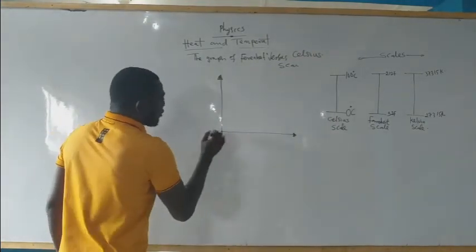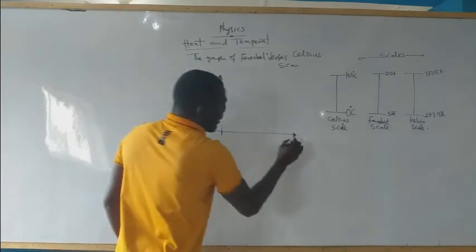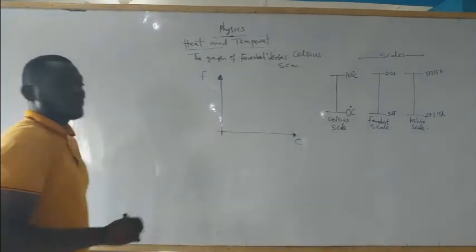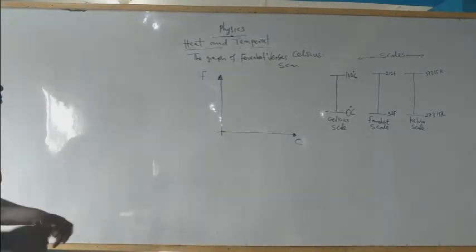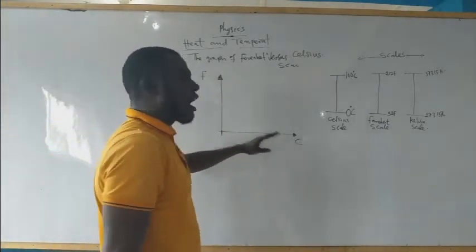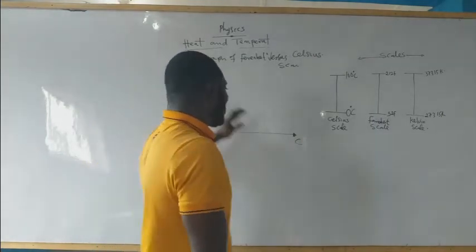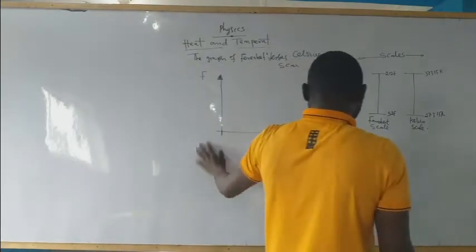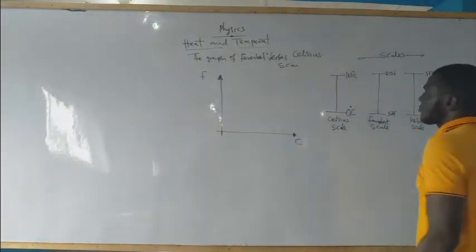Of course, this is the origin. This is F against C. This is the origin, where the vertical and the horizontal axis meet, which is always 0. Take note.